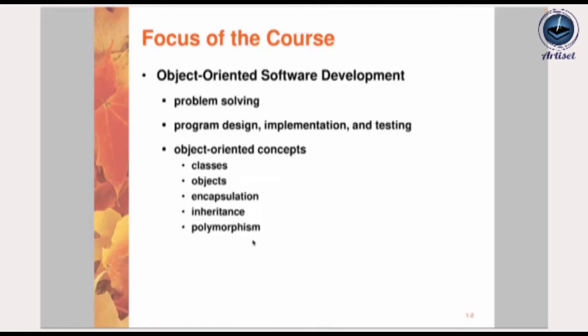There is one more: abstraction. So the class, object, encapsulation, inheritance, polymorphism, and abstraction. These concepts we are going to cover, and you need to be very clear about them to learn Java. Program design, implementation, and testing: we will focus on problem solving. These are the main skills we will cover so that you can create more programs.